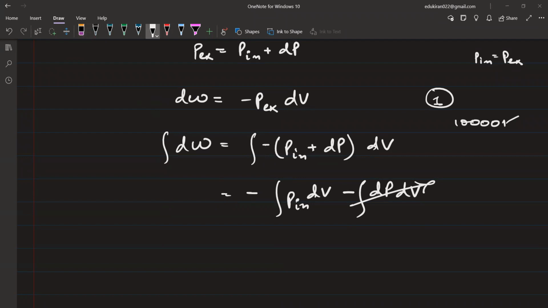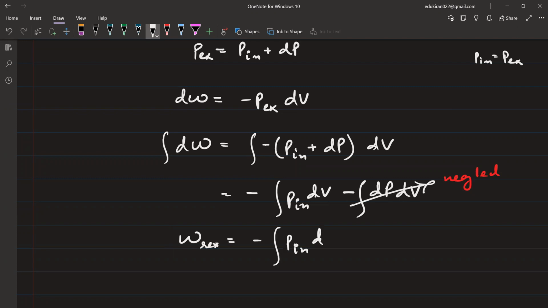That is why we can neglect the part where we have dP into dV. So this will be neglected, and we have integration of dV, that is your W reversible is equal to minus the integration of P internal into the small change in volume.